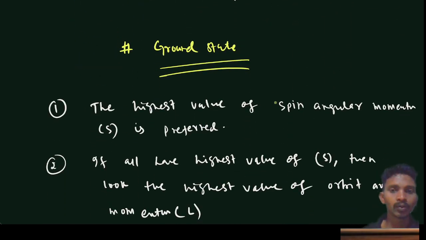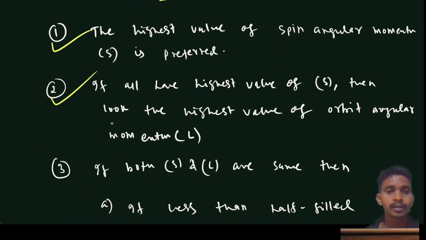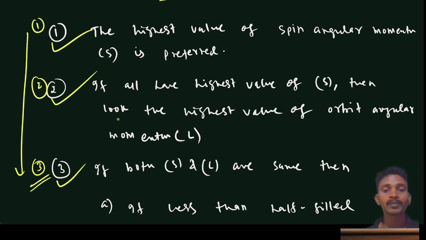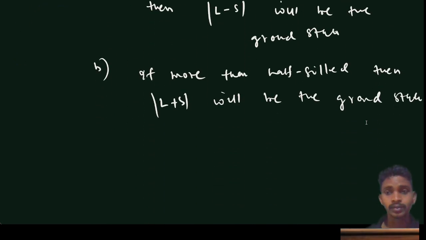First look at the highest S value, then the highest L value, and if both S and L are the same, then we look at this. The first preference is this, the second preference is this, and the third is this. If you follow these three steps, you will get the ground state.